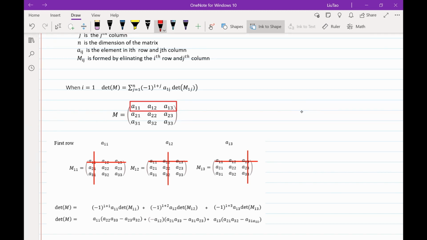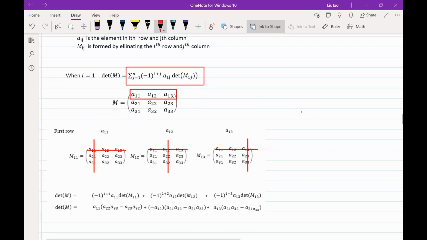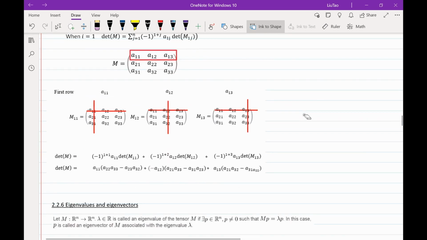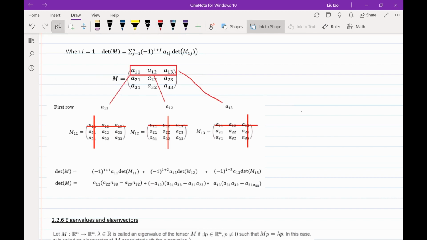So when I is equal to 1, the above formula can be simplified like this. We have 3 elements, A11, A12, and A13 in the first row, and we need to find the determinant of the new matrix and the sign.